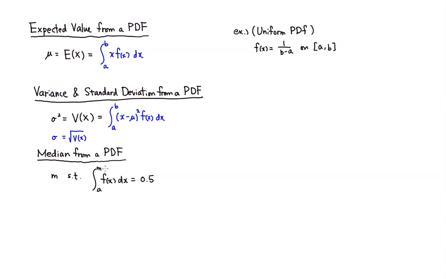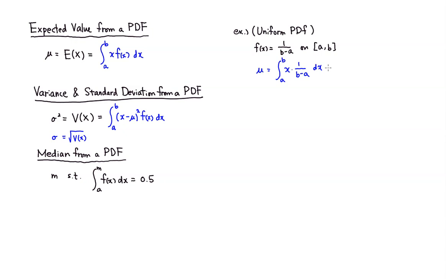All right, so let's try to find all those values for a very, very simple example, uniform probability density function here. All right, so let's find mu first. So if you want to find mu, all you have to do is x times probability density, in this case 1 over b minus a, and integrate it from a to b dx, right?